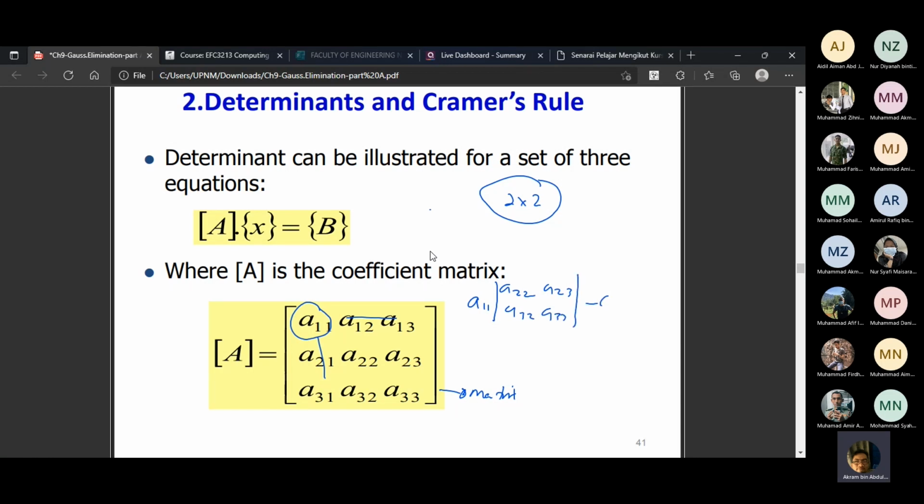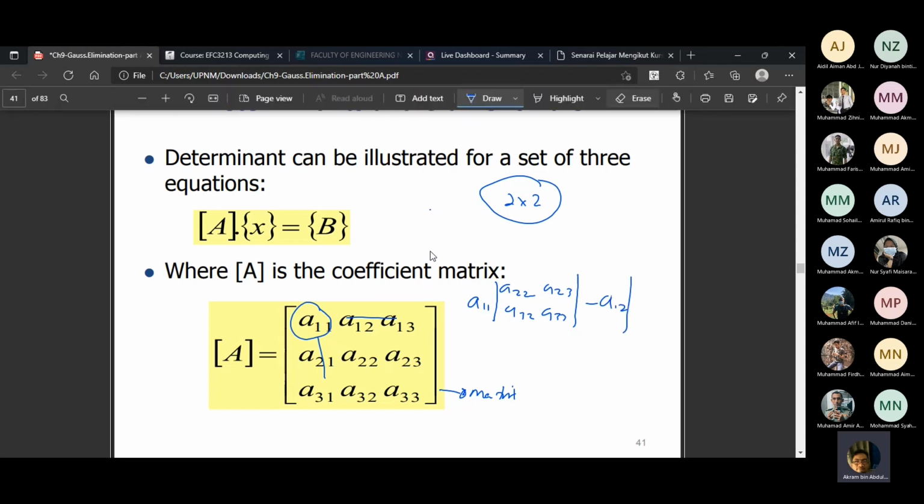Tolak dengan A12, lepas tu okay, ambil A12, potong, darab dengan determinants bagi A21, A23, A31, A33.